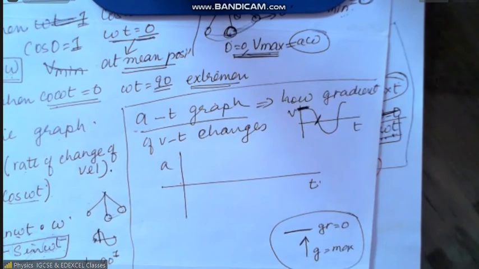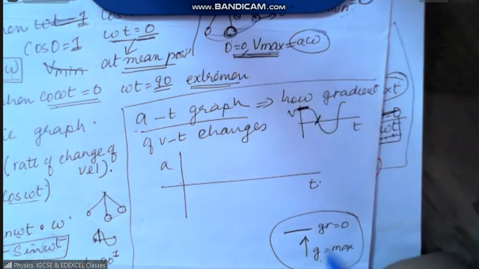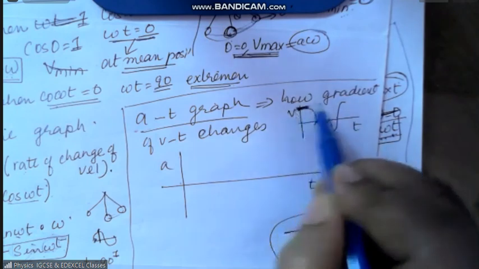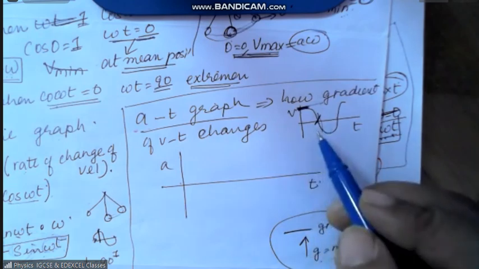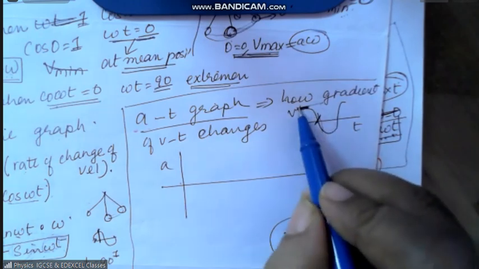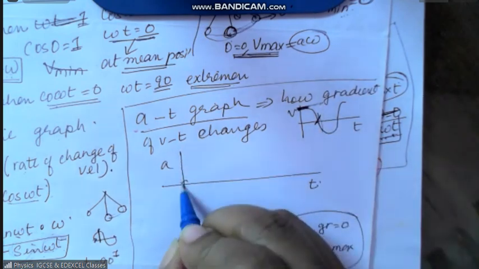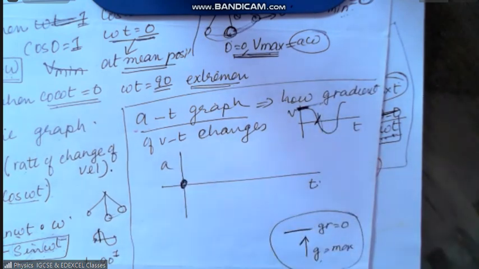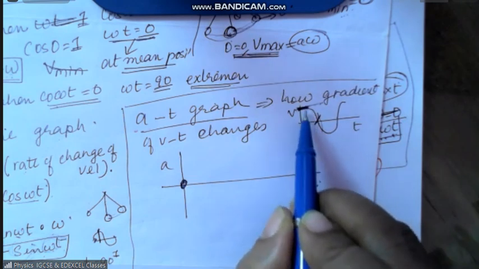So here, how do you draw the gradient? You draw a tangent. At every point you draw a tangent, and you look at that tangent. So this is horizontal, right? Therefore, gradient is 0.